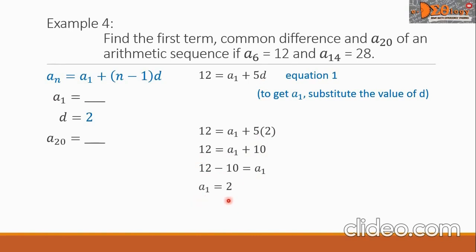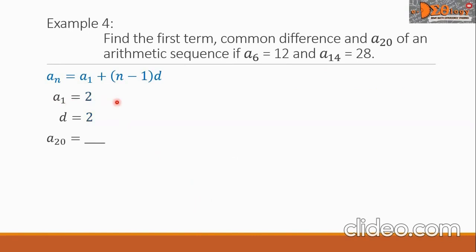Let us copy this value opposite a sub 1 on this part. So we are now ready to solve for a sub 20. Using our general term formula, a sub 20 equals 2, that is the first term, plus the quantity 20 minus 1 times d, which is also 2.